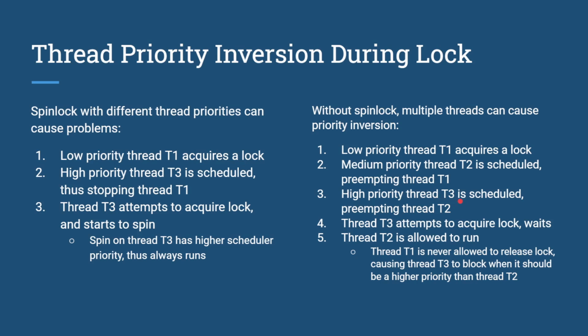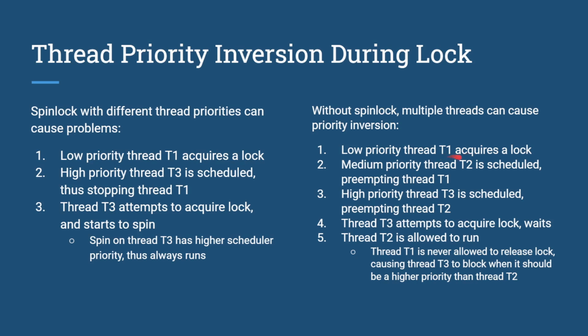The way they fixed this was anytime thread 3 blocked waiting for a lock, so when thread 3 attempted to acquire a lock and had to wait, it would identify the process that was holding the lock. And it would move that process, in this case thread 1, to a higher priority, to an equal priority level temporarily, until the low priority thread unlocked that particular lock.